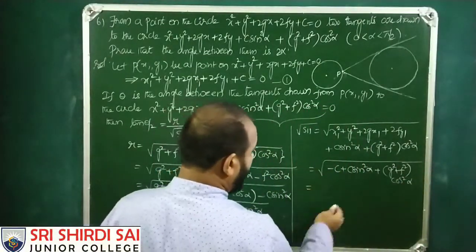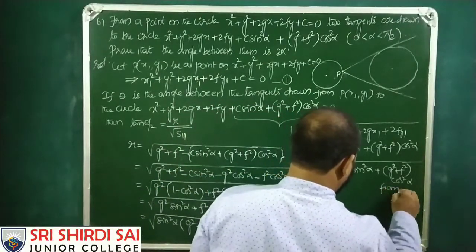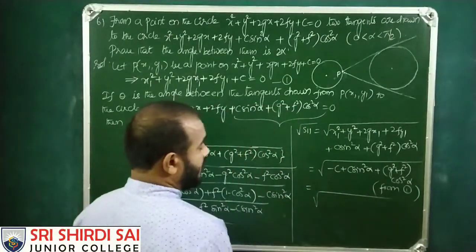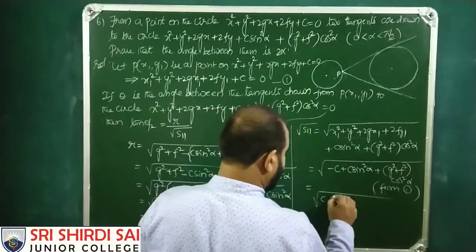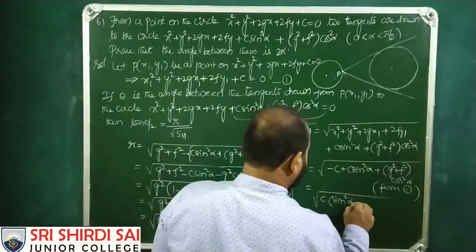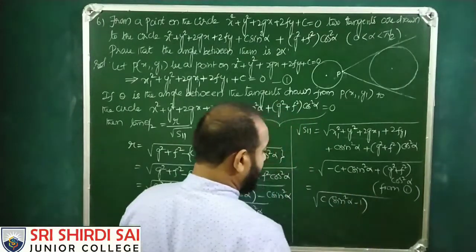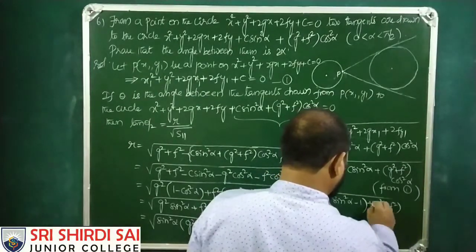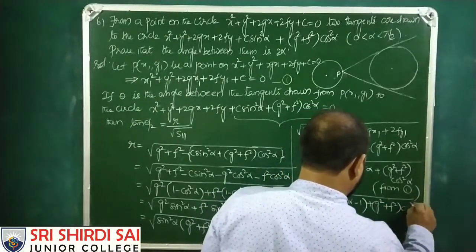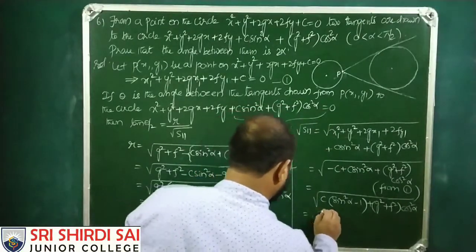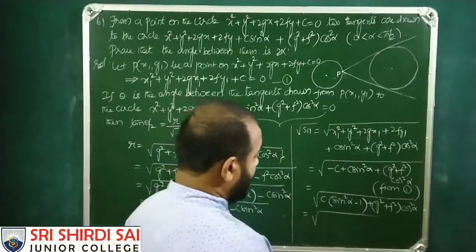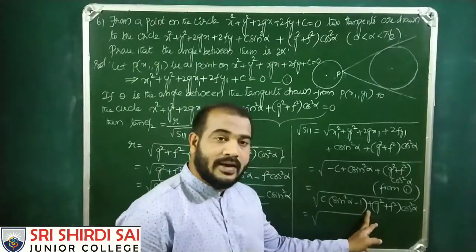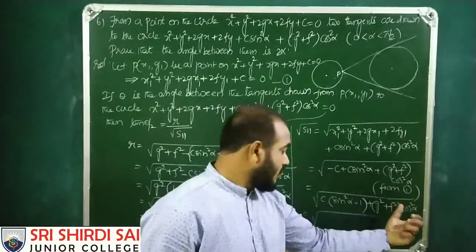So how? From 1. Now this is equal to, take c in common, then sin square alpha minus 1 plus g square plus f square of cos square alpha. So this is equal to, 1 minus sin square alpha is cos square alpha, while sin square alpha minus 1 is minus cos square alpha.